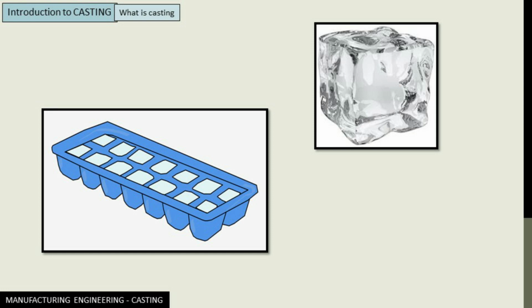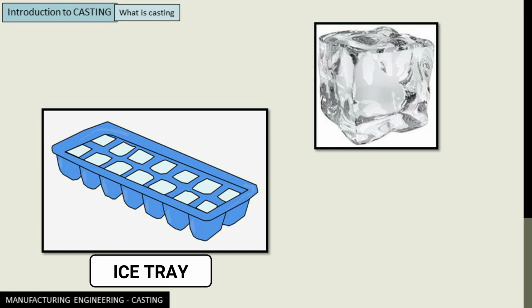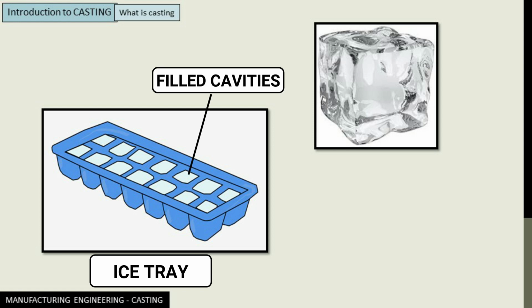In our day to day life, ice making is the best possible example of the casting process. In ice making, we take a tray in which water is poured. The water fills the cavities that are present in the tray, and these cavities are nothing but a replica or a duplicate of the shape of the desired outcome.